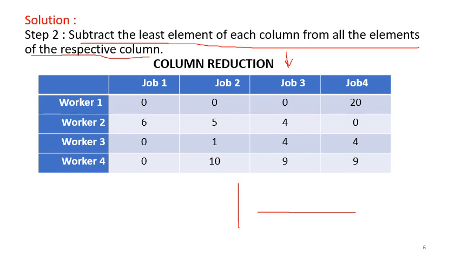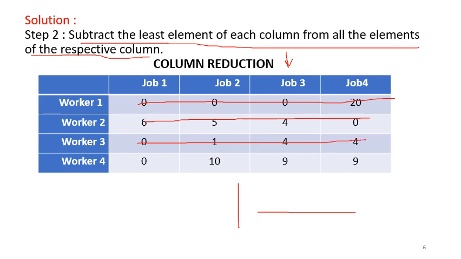So one way of checking it by the Hungarian method is to find out the minimum number of lines required to cover all the zeros. You can cover it in many ways. You can cover this zero this way, by putting a horizontal line like this, the second one like this, the third one like this, four.